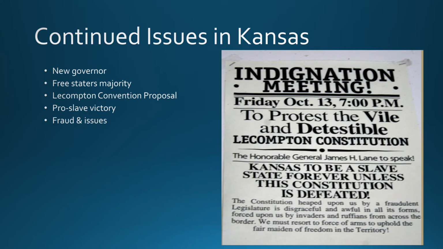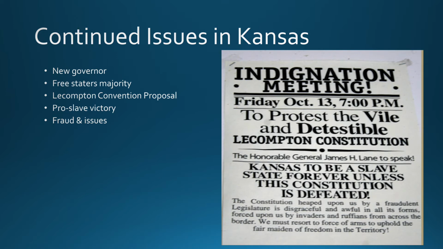However, as they look at the results, once again there's extreme fraud, there are extreme issues with the results, and they're very illegitimate. And again, there's the question of whether the Lecompton Convention should have put up the proposal in the first place. They probably shouldn't have at all because they were there illegitimately themselves, but technically they saw themselves as the elected representatives.